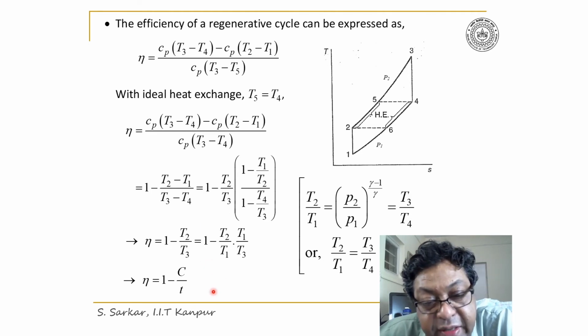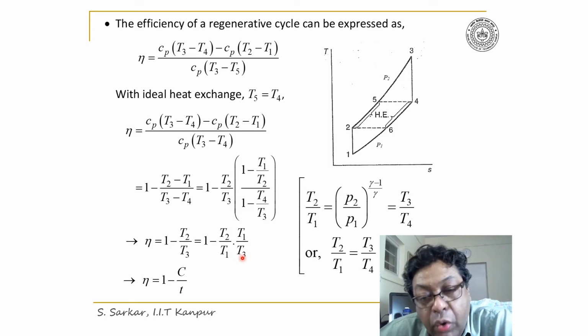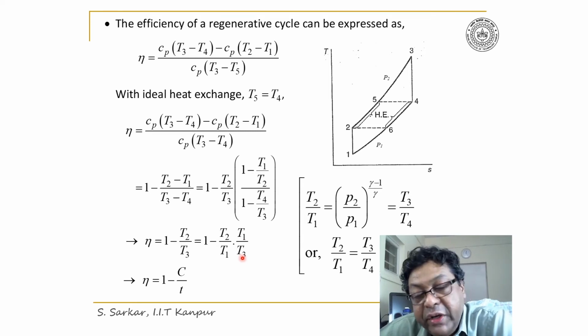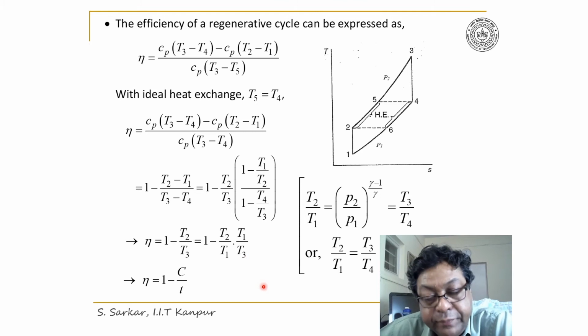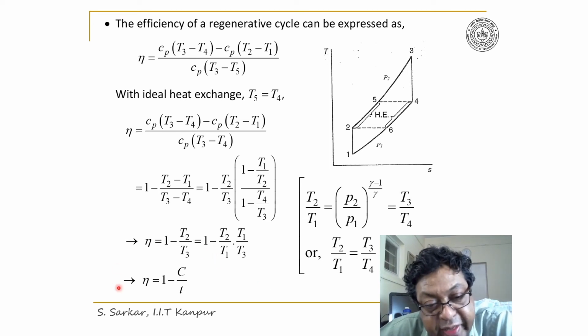That can be written as 1 minus T2 by T1 into T1 by T3. Now, T3 by T1 I have denoted as small t, where T3 is the maximum cycle temperature and T1 is the atmospheric temperature. So eta is expressed here as 1 minus C by t.